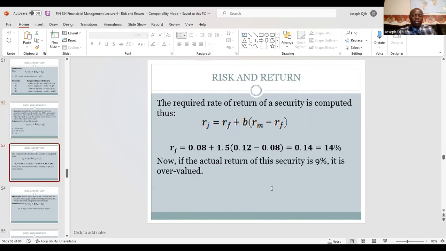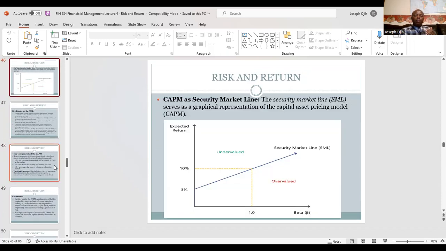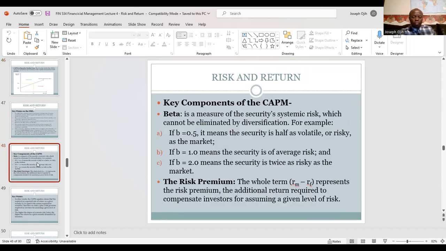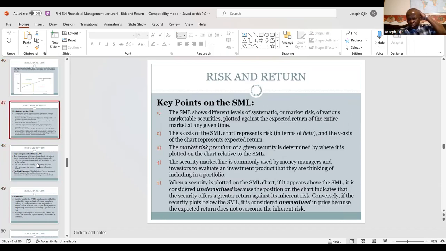Well, as I explained, the value we have is 14%, which is bigger than 9%. When you look at the security market line, again, it will be above the security market line. Because the actual return is 9% but ours is above it, that means the stock is undervalued, because the position of our answer in the chart indicates that the security offers a greater return against the inherent risk.